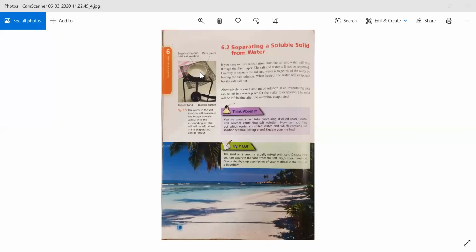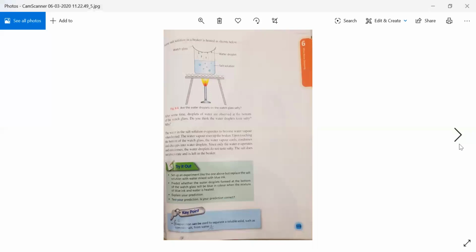So up till here we have learned how to separate an insoluble solid from water, and right now we have discussed how to separate a soluble solid from water. Moving on to page number 119.